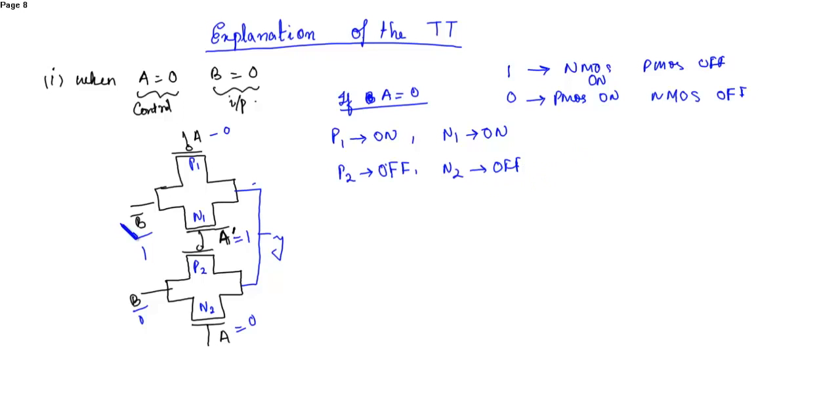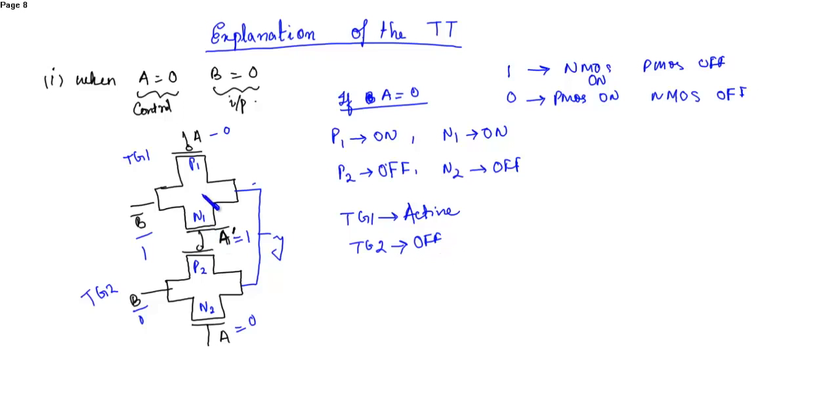So here what will happen? The transmission gate 1, this is TG1, this is TG2. TG1 will turn on while TG2 will turn off. So here TG1 is active and TG2 is off.